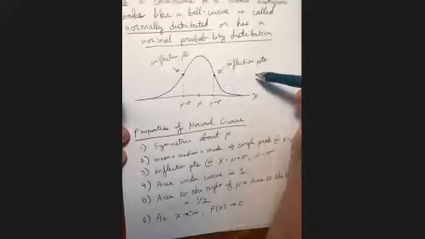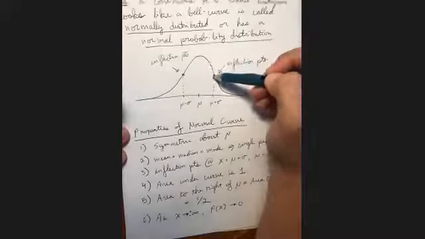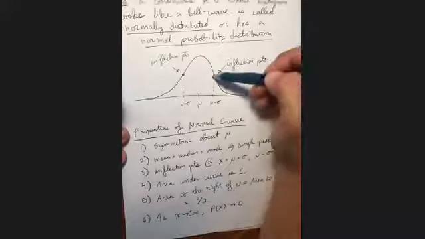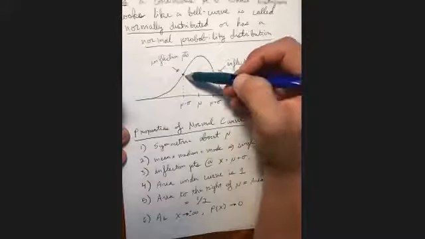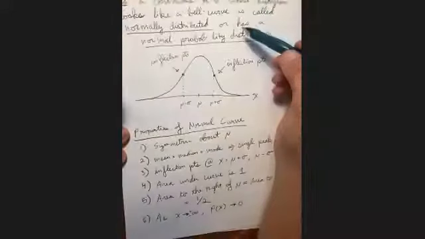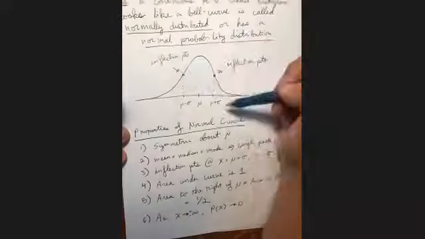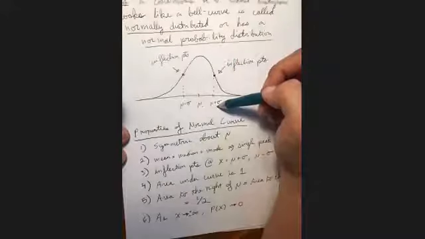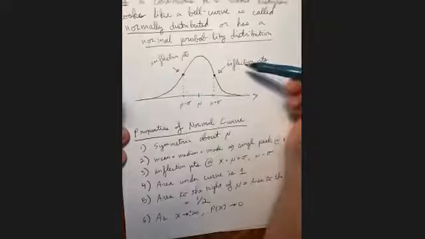So it flexes up. Here it's opening downward, and then here it's opening upward. So it marks the place where we go from opening downward to opening upward. And those inflection points for a normal curve must occur at the mean plus the standard deviation and the mean minus the standard deviation.